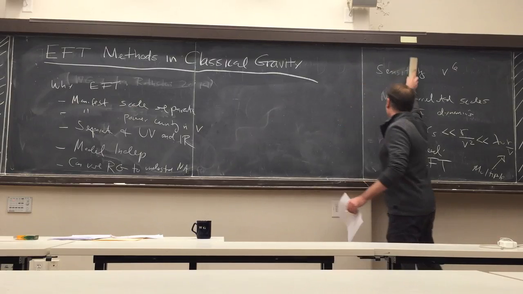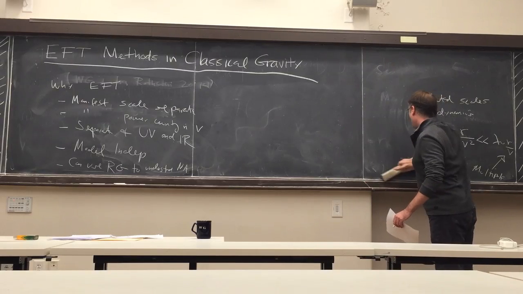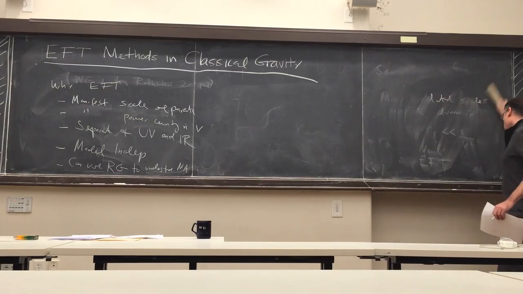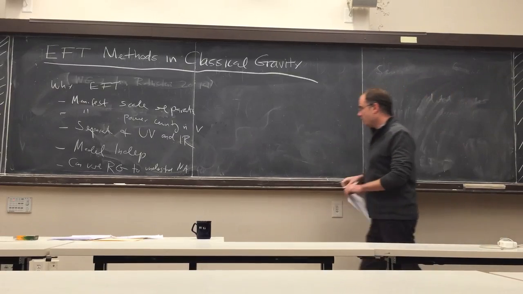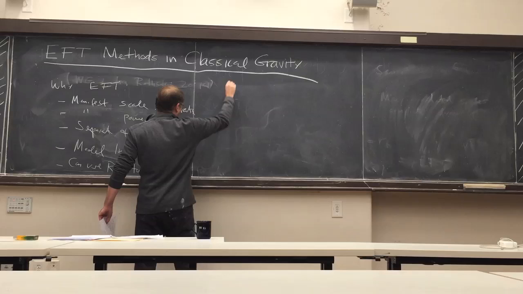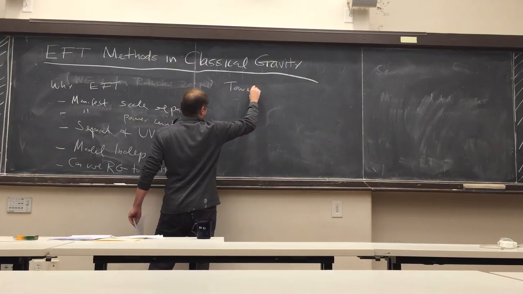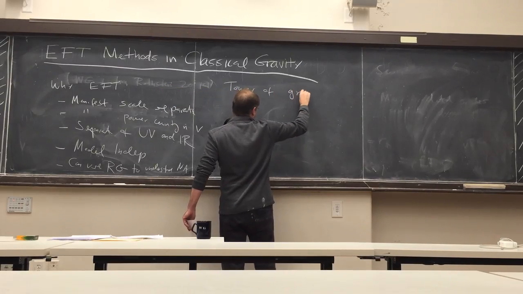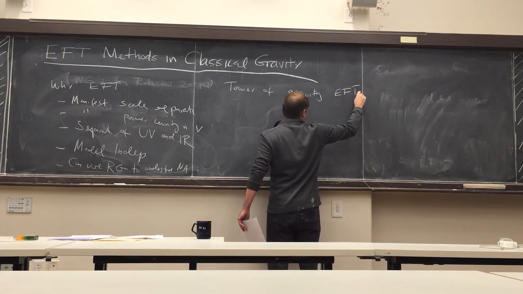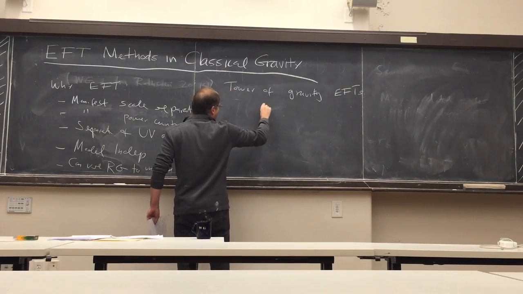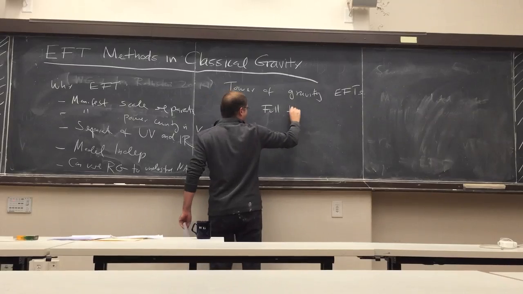If we are viewing this binary inspiral problem as an effective field theory, it's actually a chain of effective field theories. So in a sense, it's a tower of gravitational effective field theories.